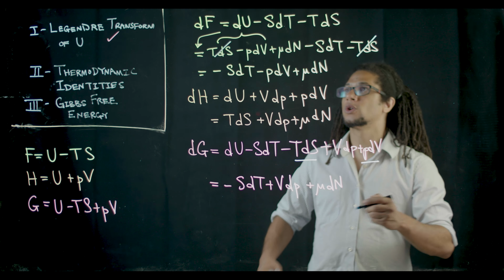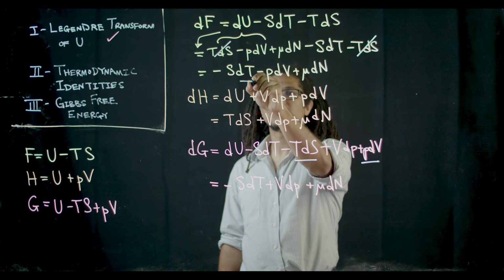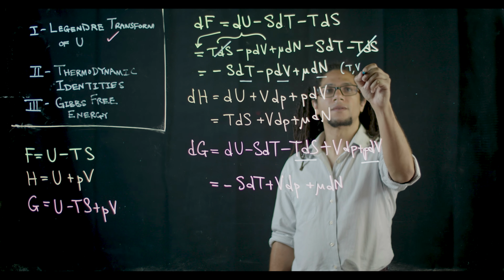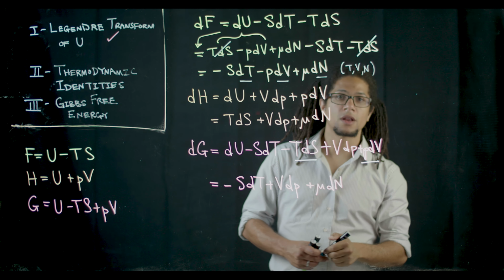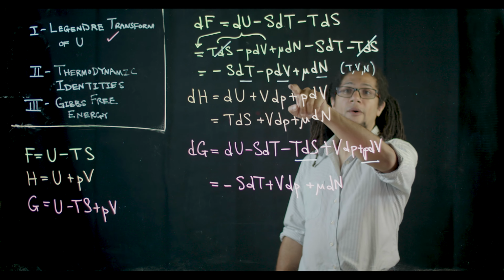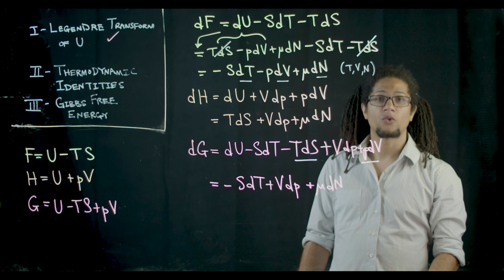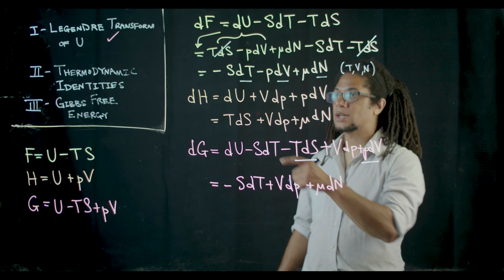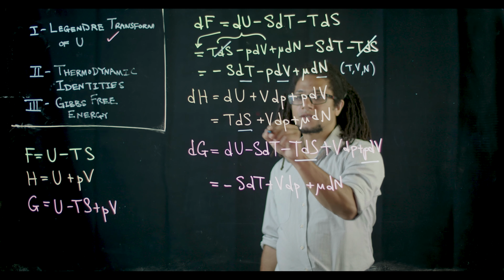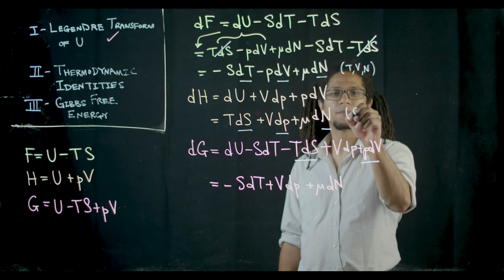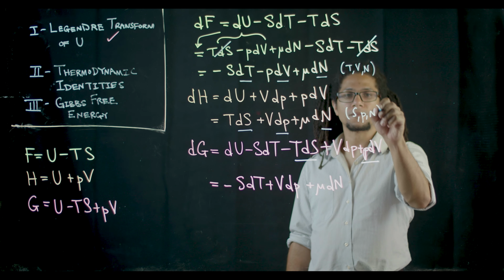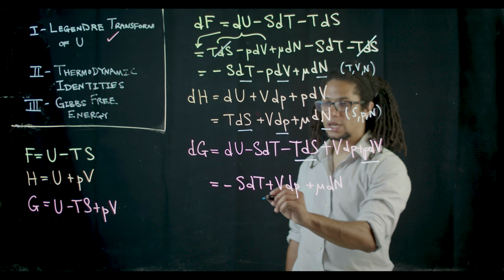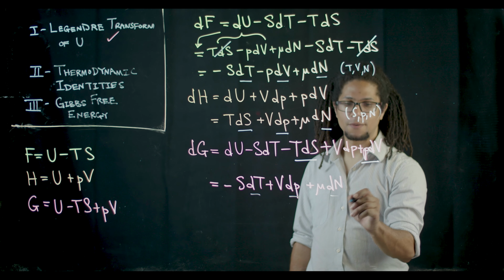The natural coordinates for F are going to be T, V, and N. In other words, the coordinates that now have these one forms attached to them. The natural coordinates for H will be S, P, and N. And the natural coordinates for G will be T, P, and N.